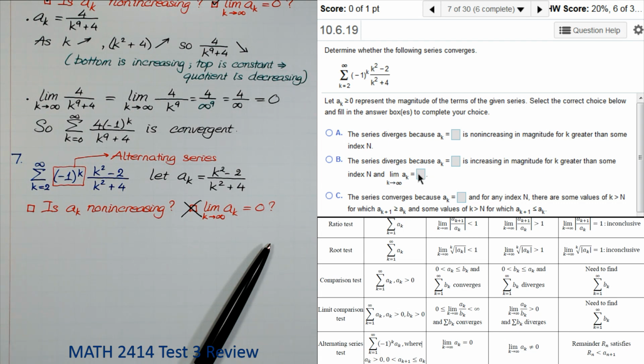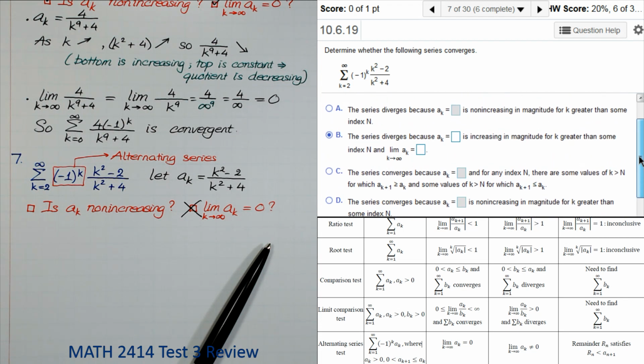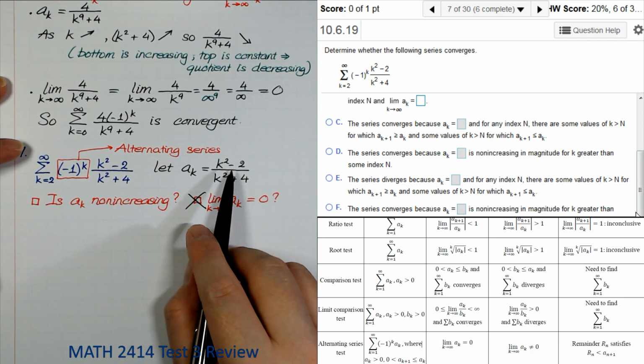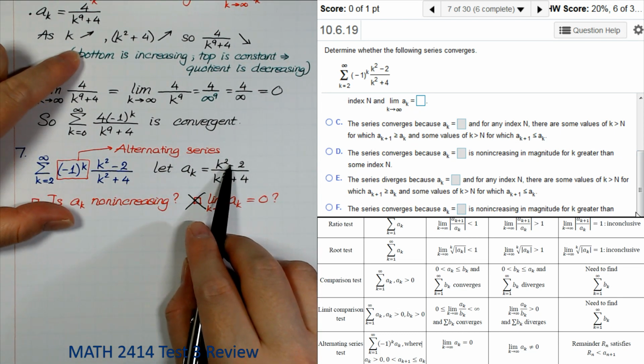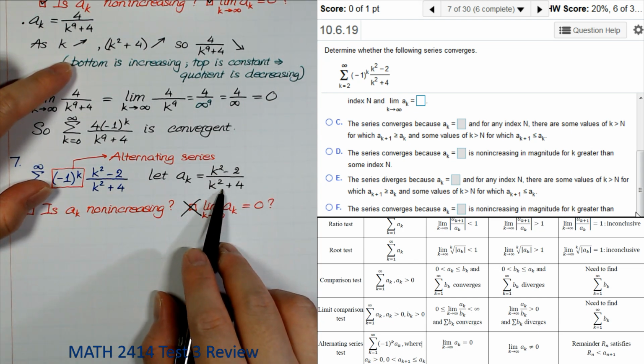Oh, there's an option here. It says it is diverged because of the limit. Yeah, it looks like this is working here. But let's just check. It's kind of difficult to compare because the top is changing and the bottom is changing, so we don't know if the quotient is decreasing or increasing.